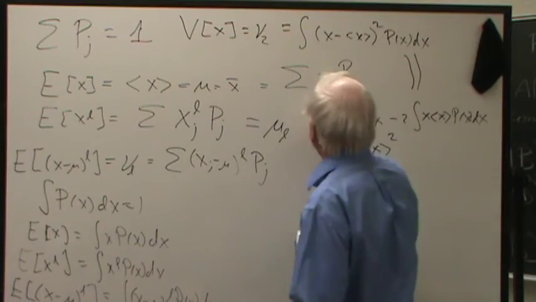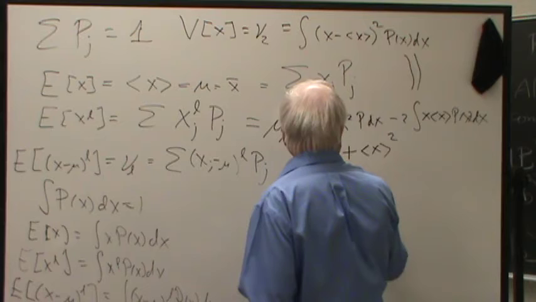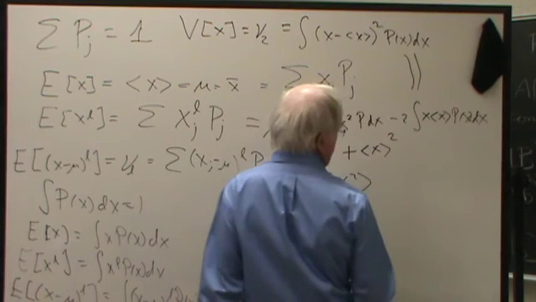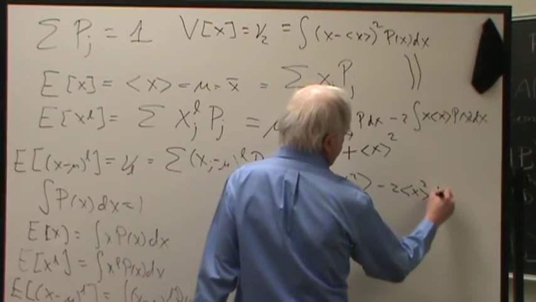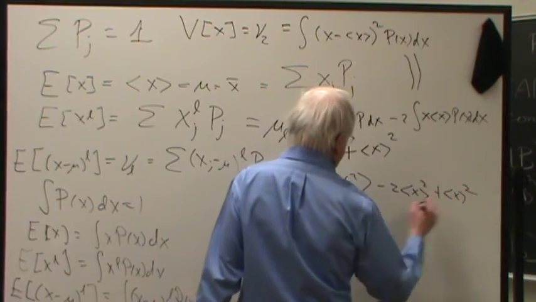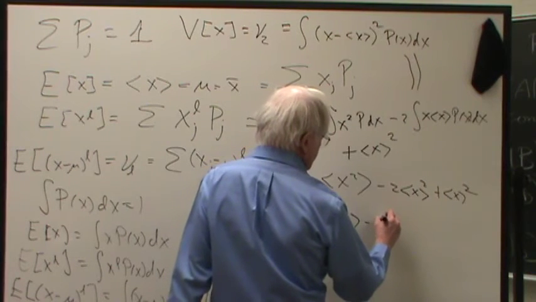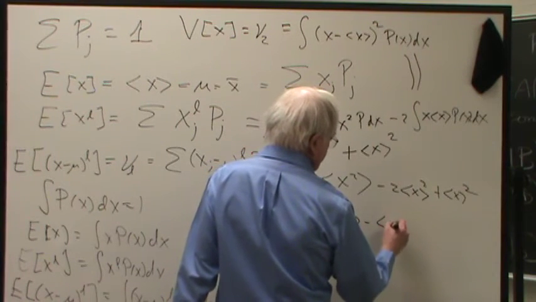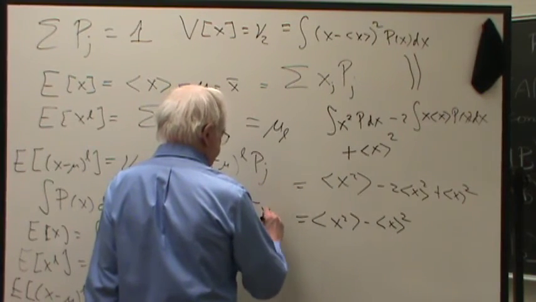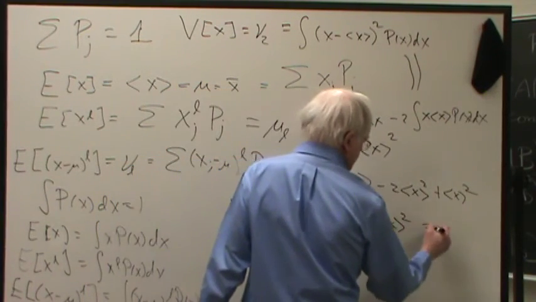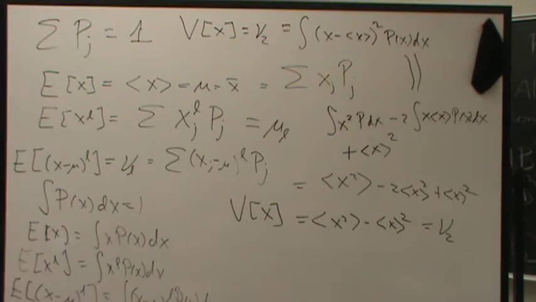So this is the mean value of x squared, minus 2 times the mean value of x squared, plus the mean value of x squared. And so this is the mean value of x squared minus the square of the mean value of x. So that's what the variance always is, and this is also always the second central moment.